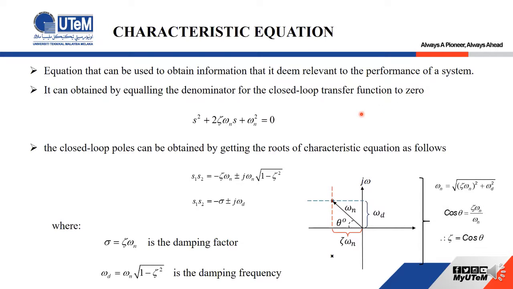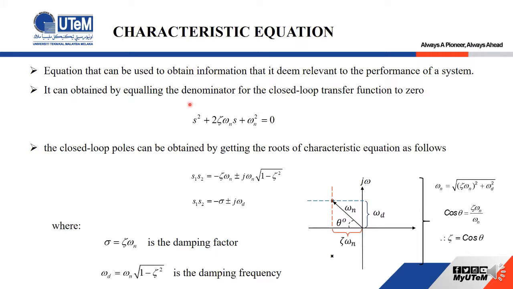From the general transfer function of the second order system, like we derived before, the characteristic equation is s square plus 2 zeta omega n s plus omega n square equal to 0.